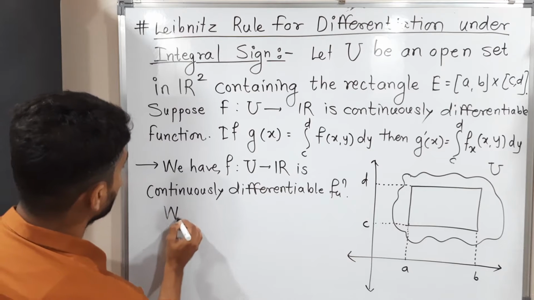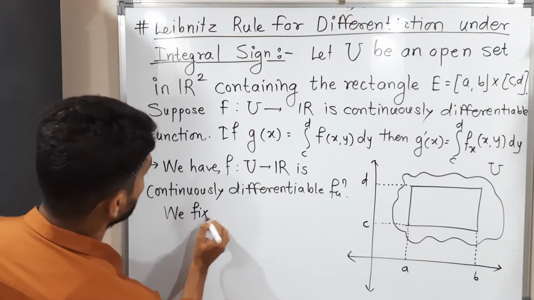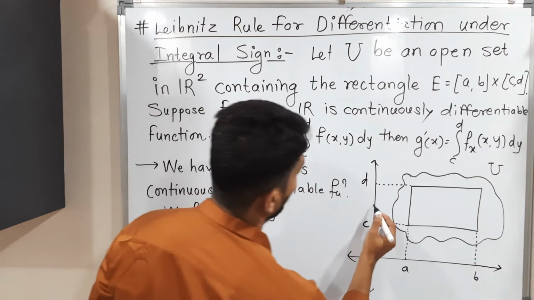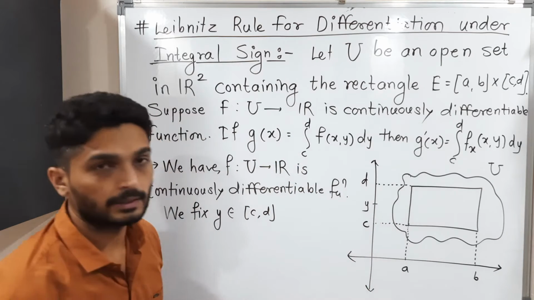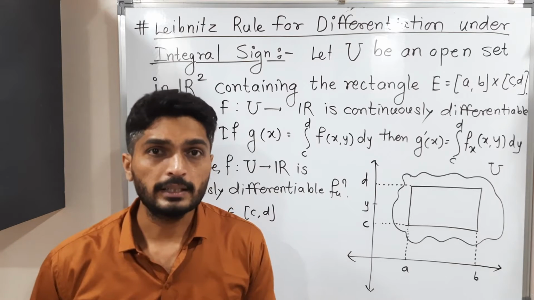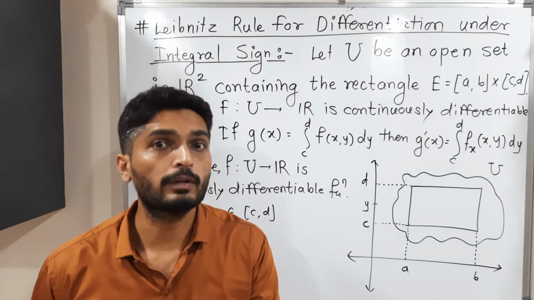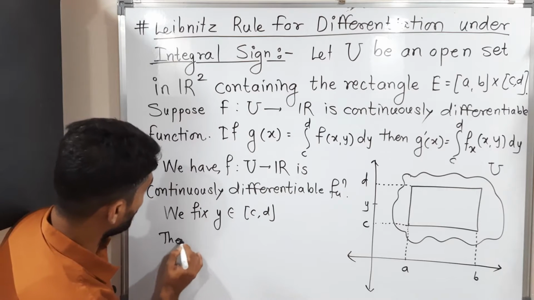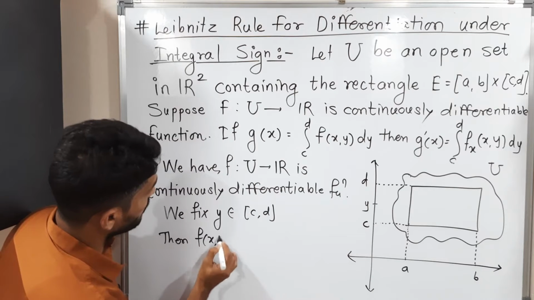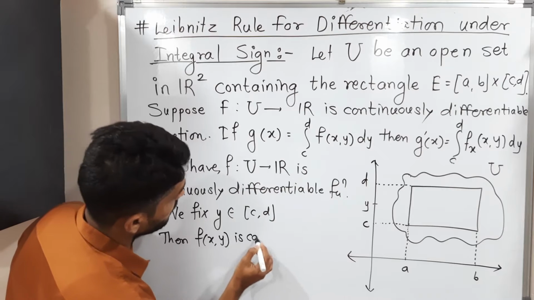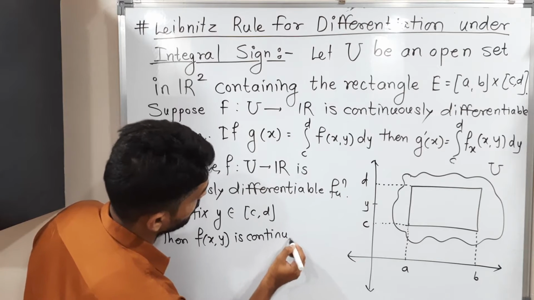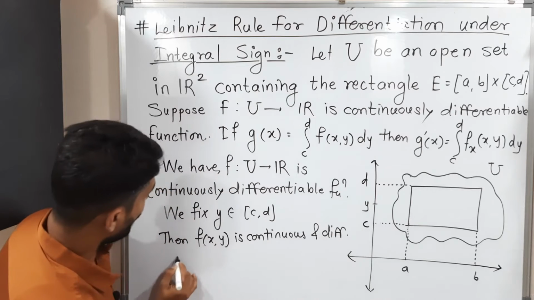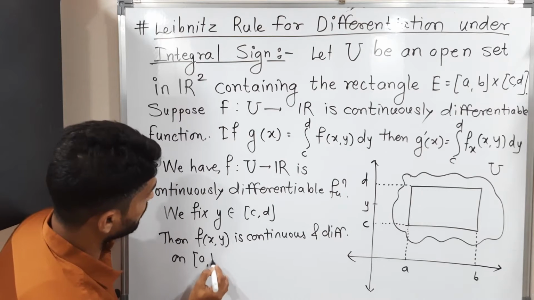We fix y belongs to [c,d]. Getting? We fix one point y here, y belongs to [c,d]. So if you fix y, then f of x, y is a function of one variable only, x. Then f of x, y is continuous and differentiable on the closed interval [a,b].